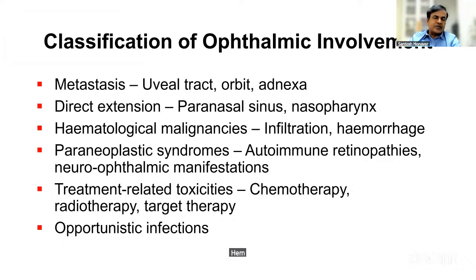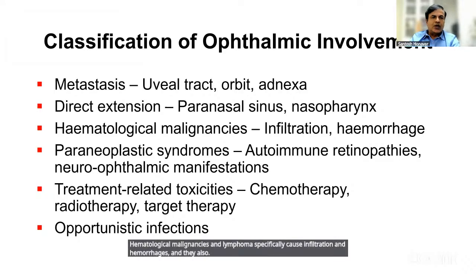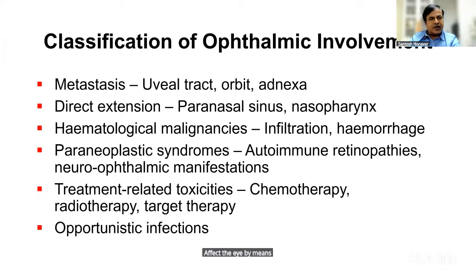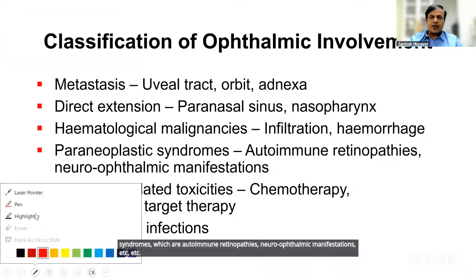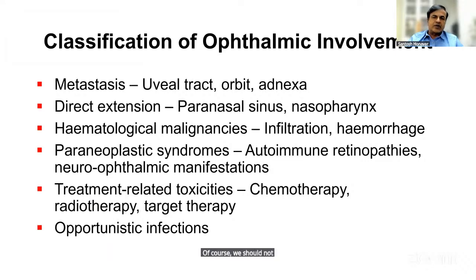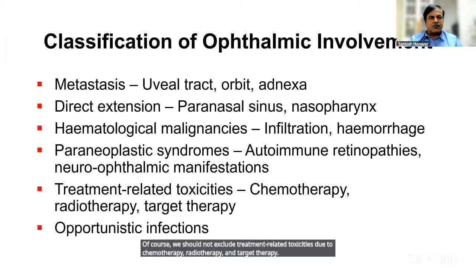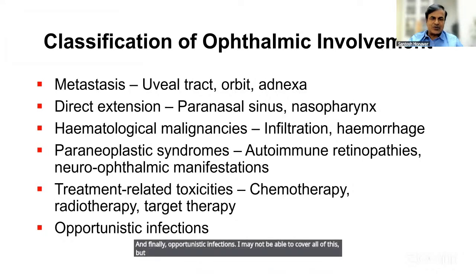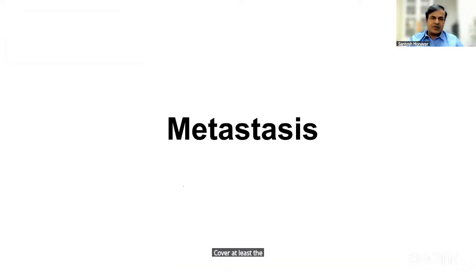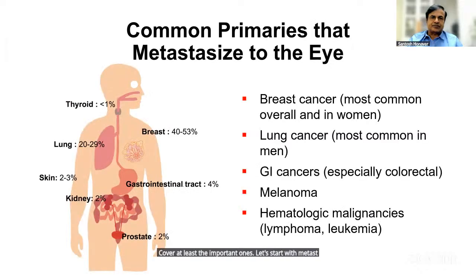Hematological malignancies and lymphomas specifically cause infiltration and hemorrhages, and they also affect the eye by means of anemic retinopathy. Then there are paraneoplastic syndromes, which are autoimmune retinopathies, neuroophthalmic manifestations, etc. Of course, we should not exclude treatment-related toxicities due to chemotherapy, radiotherapy, and target therapy. And finally, opportunistic infections. I may not be able to cover all of this, but I'll try to cover at least the important ones. Let's start with metastasis.